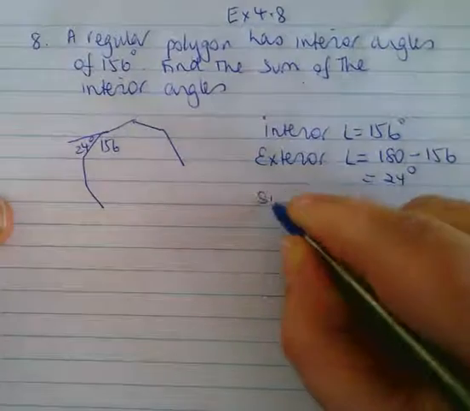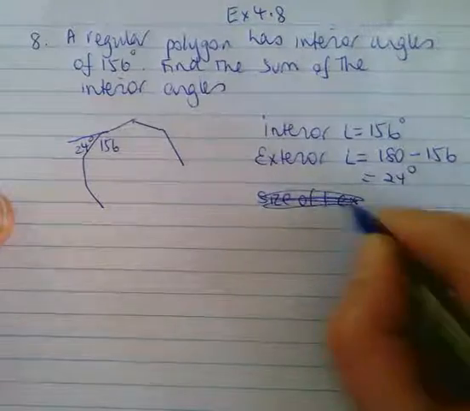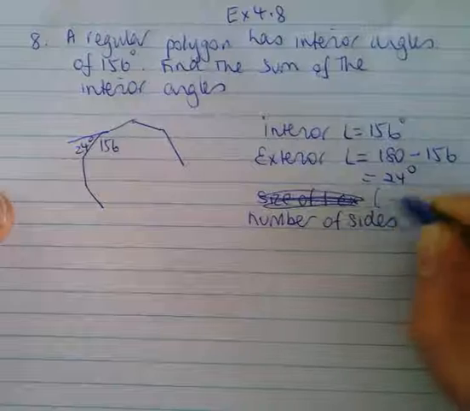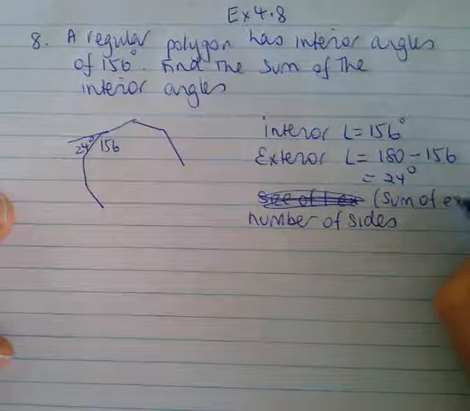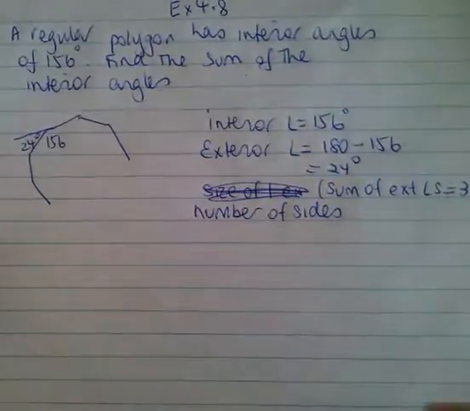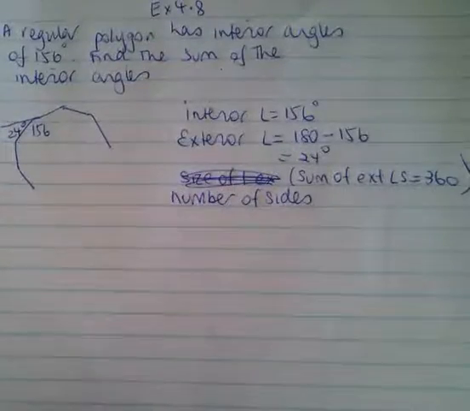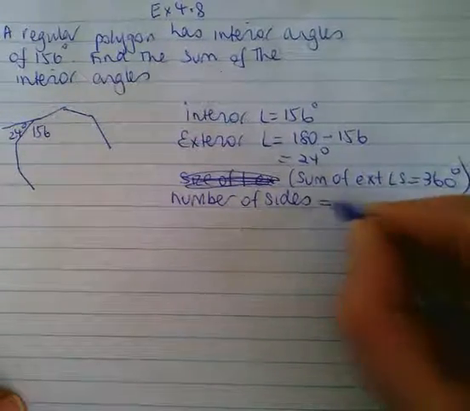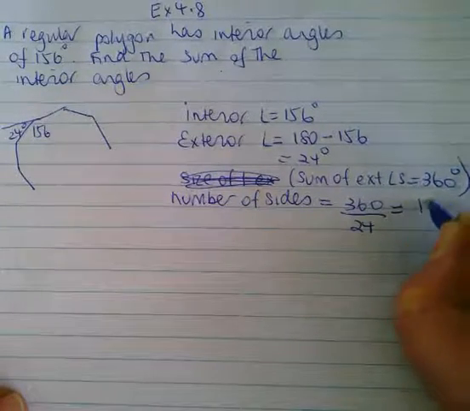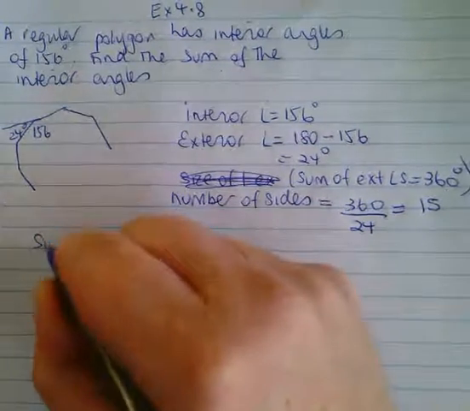So the number of sides, we know that the sum of the exterior angles is 360 degrees. So the number of sides is 360 divided by 24, which is 15. Yeah, 15 sides. So now what is the sum of the interior angles?